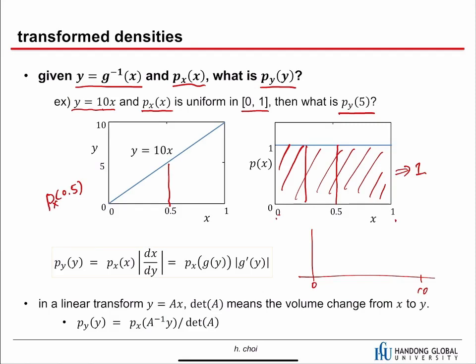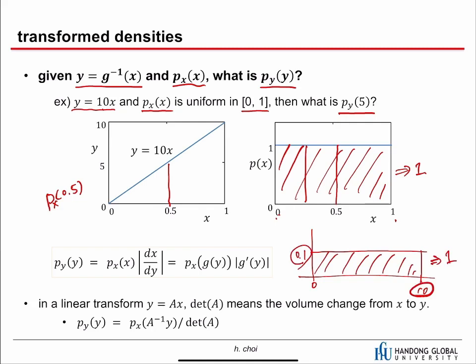And then the distribution should be uniform, because we just changed the scale. What is the probability of this uniform distribution? It should be 0.1, right? So that the area can be 1. Since we have 10 here, it should be 0.1.